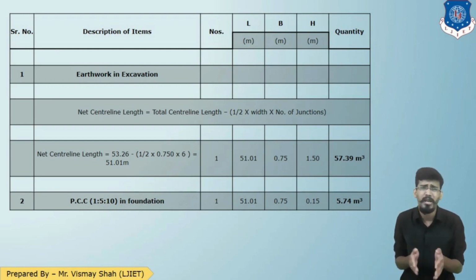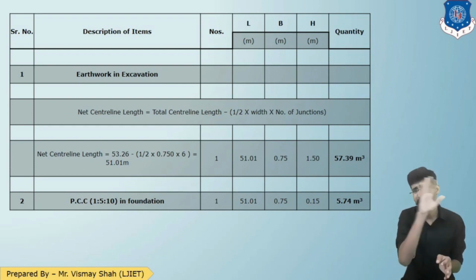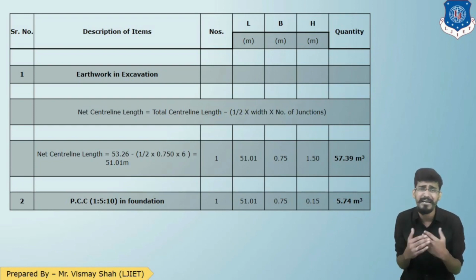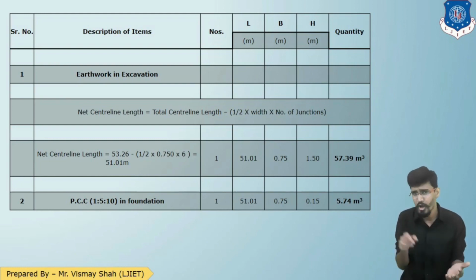And in the column of number I have written 1, because in the center line method I have considered the center to center distance of all the walls. There is no wall remaining, so the number will be 1. I have considered all the walls as a single one. Now multiplying numbers, length, width and height, we'll get the quantity of excavation as 57.39 meter cube.